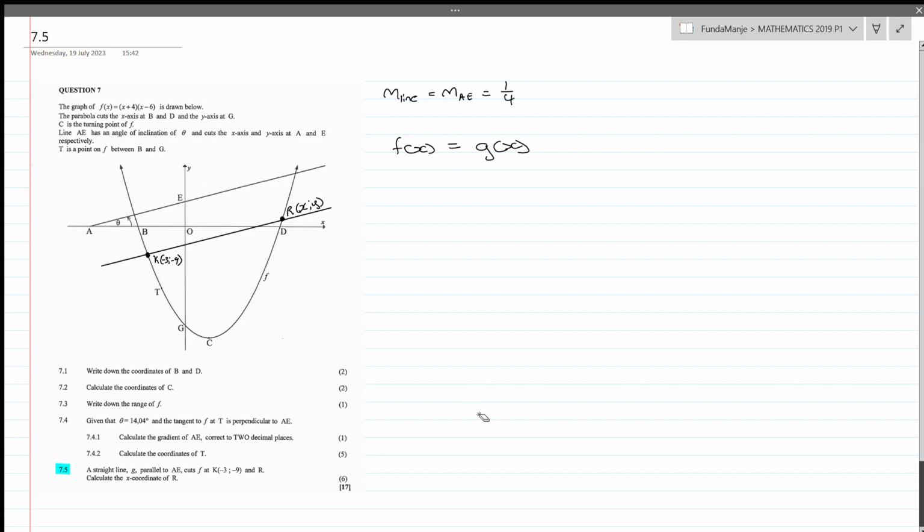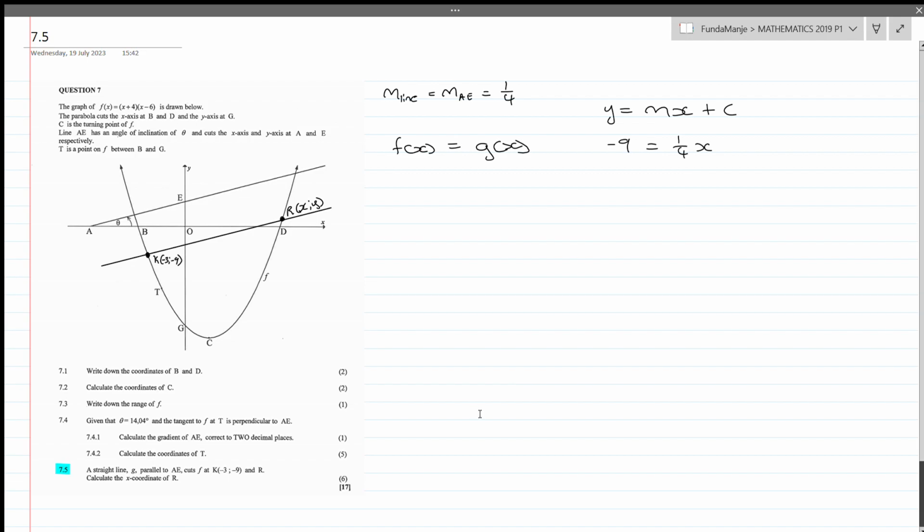So how do we find the formula for the straight line in terms of y equals mx plus c? Well, we already know one coordinate that's on that line, which is K, and we also know the gradient. So here you can use this formula by substituting into y as -9 and the gradient as 1/4.